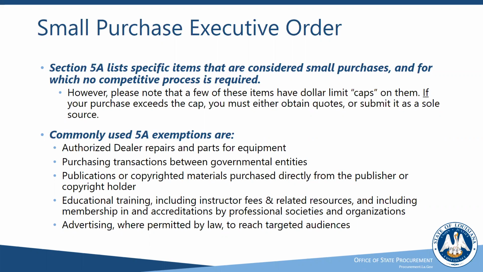When this happens, there should always be notes from the agency entered on the PO, and any required documentation should be attached in LGov referencing the small purchase EO and the particular section of the EO that you are trying to utilize. For instance, on that authorized dealer repair PO, there should be an attached signed authorized dealer certification form from the vendor and also an invoice or a firm quote showing the price.